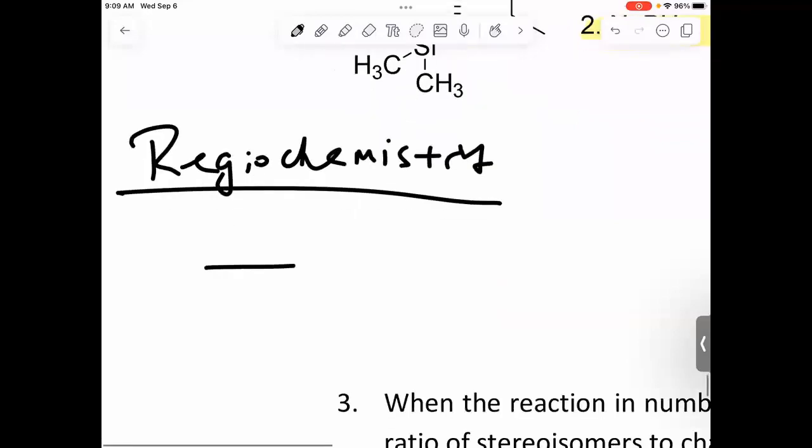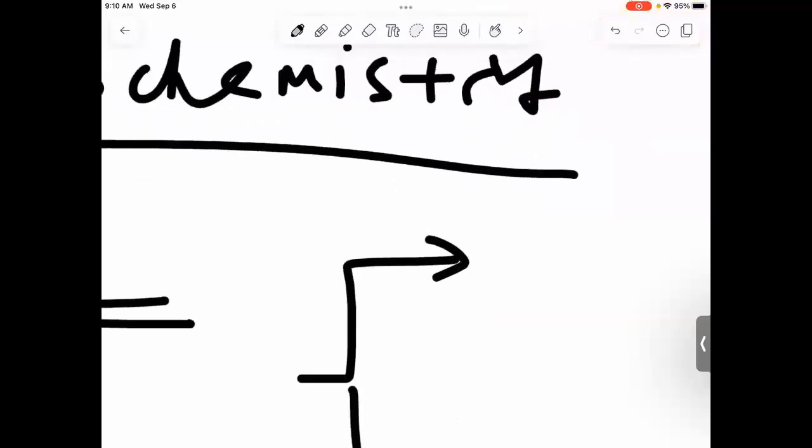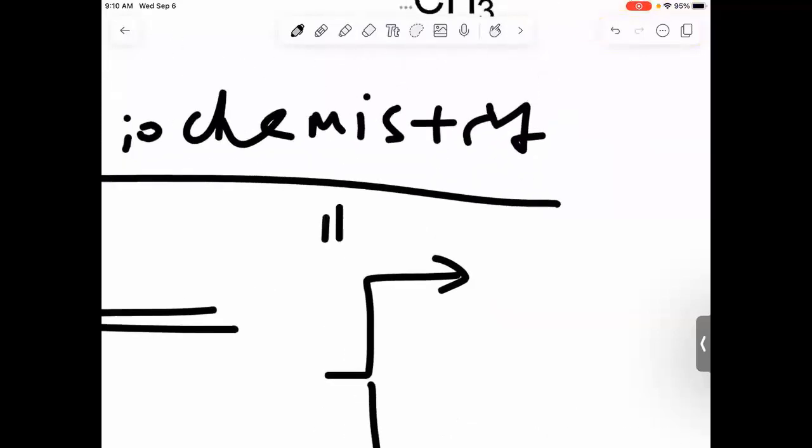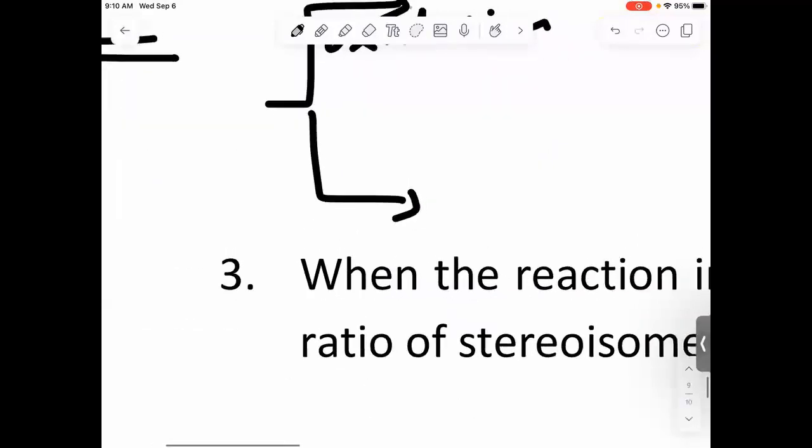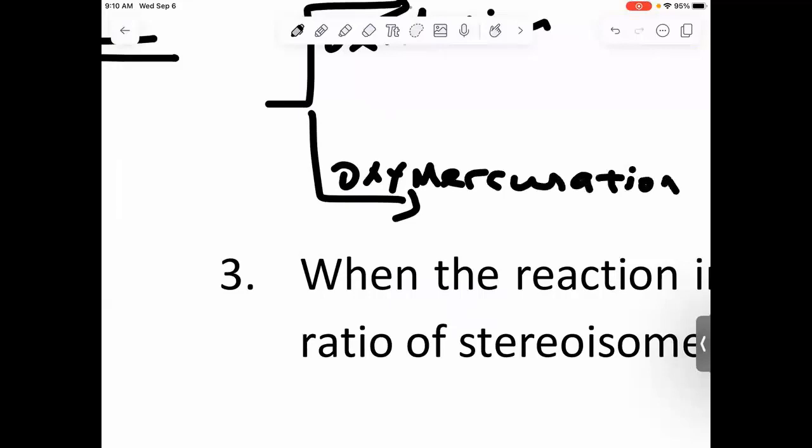So if you have an alkene that's substituted like this, depending on which reaction you do, I'm not going to put the reagents, I'm just going to put the name. So you can do hydroboration followed by oxidation, or you can do oxymercuration.